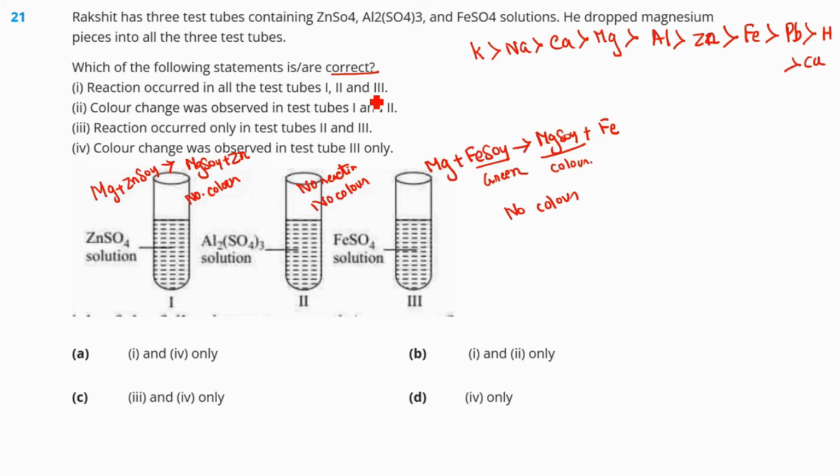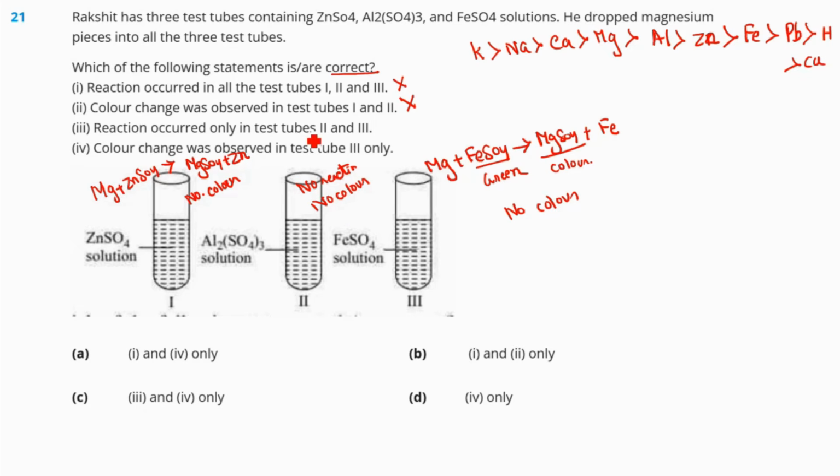Reaction occurred in all three test tubes, so this is wrong. In test tube 2 there is no reaction. Next option, color change was observed in test tube 1 and 2. In 1 also no color change, in 2 also no color change. So this is also false.